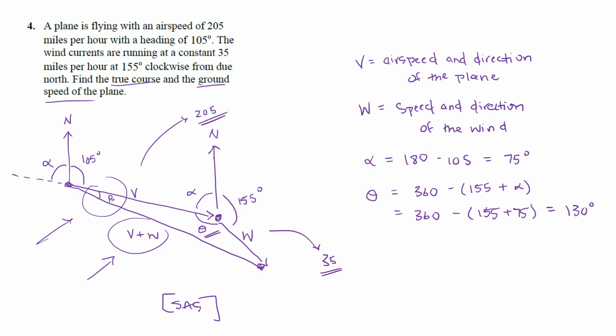But which one are we going to do first? The missing side. Side angle side allows us to use the law of cosines. When we have that side, we can then utilize the law of sines to help us find our missing angle. All right, so let's do that.